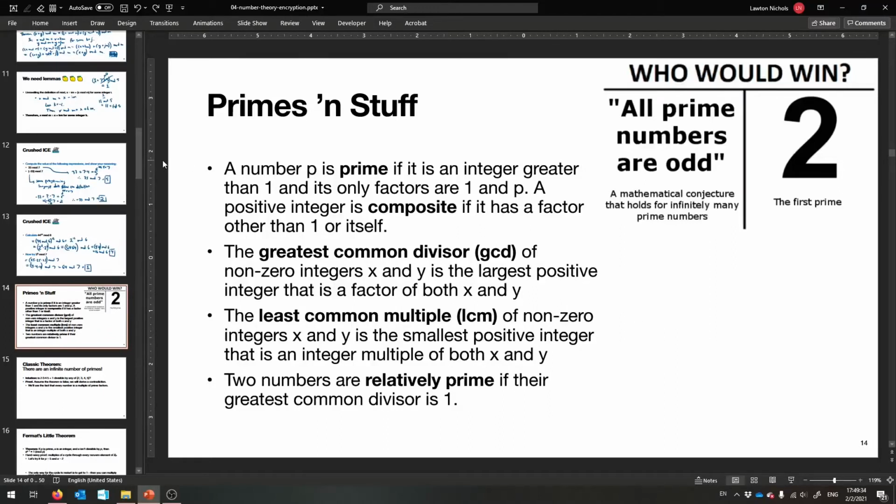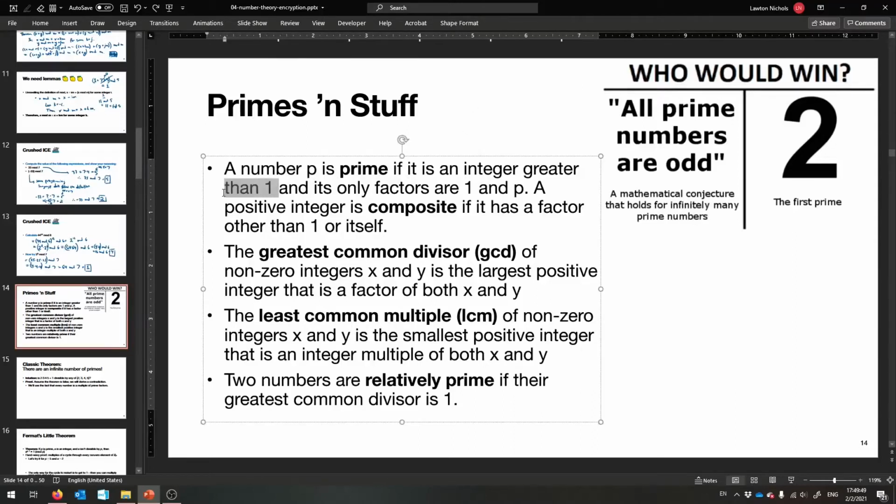Okay, so now we're ready for some more number theory. And this will come back to modular arithmetic. I promise. It's weird, but it does. Let's talk about primes. A number is prime if it is an integer greater than 1, so 2 onward has the possibility of being prime, and its only factors, the things that divide it cleanly, are 1 and p.